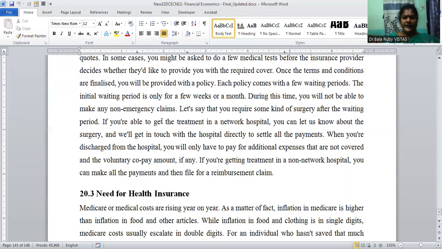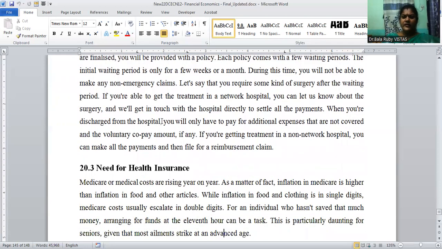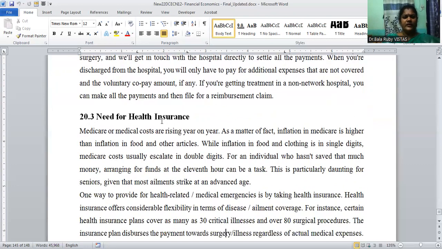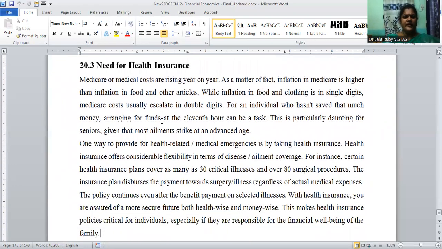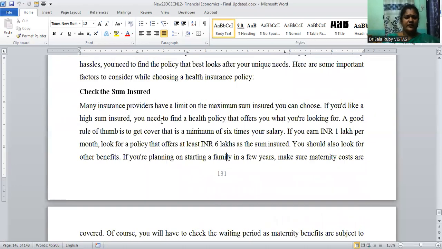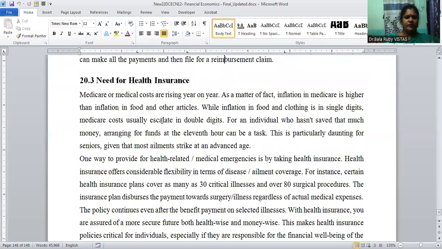If we are getting treatment in a non-network hospital, we can make all the payments and then file for a reimbursement claim. So let us concentrate on the need for health insurance. Medical costs are rising year on year. As a matter of fact, inflation in medical care is higher than inflation in food and other articles.